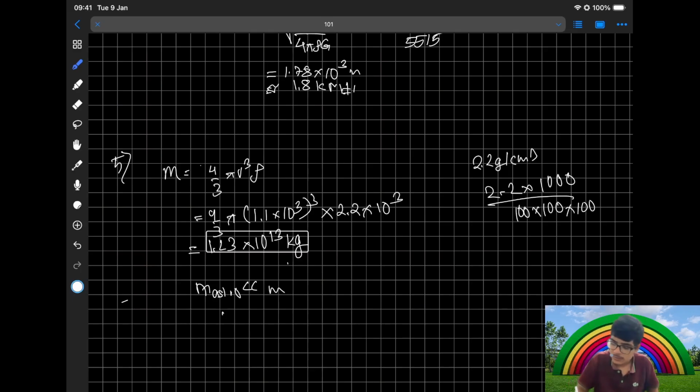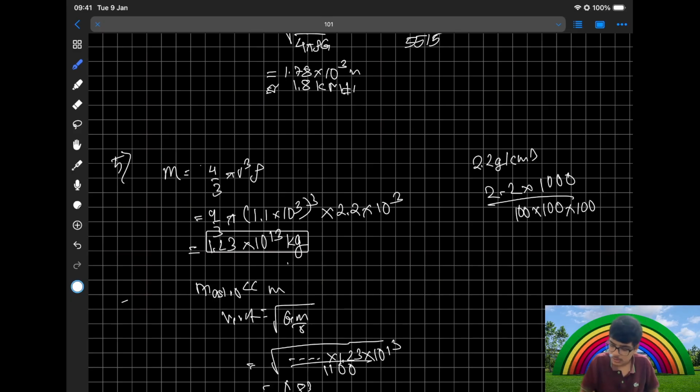Then the critical velocity will be equal to root GM by r. Just plug in the formulas. It is 1.23 times 10 to the power 13 multiplied by 1100, which is the radius in meters.